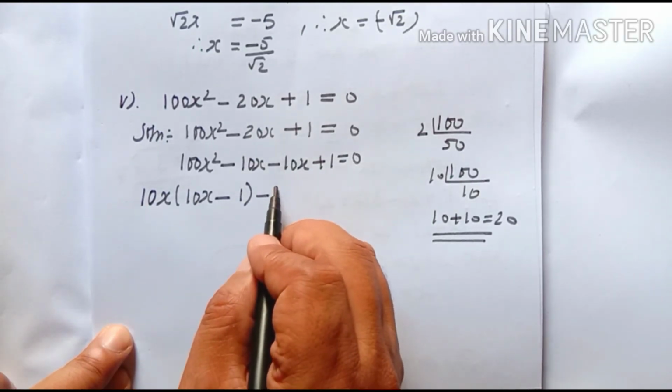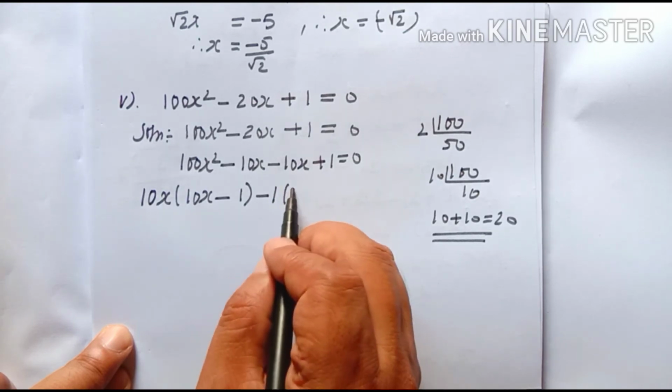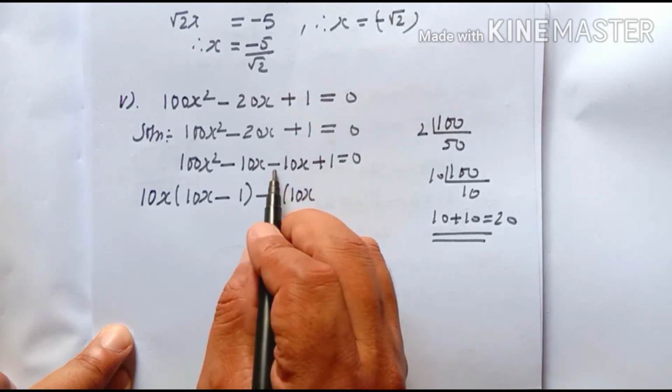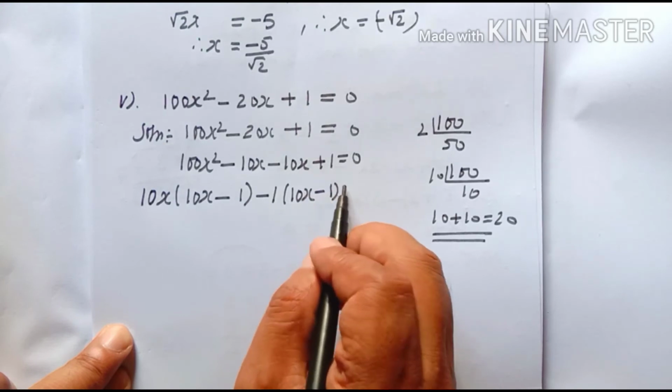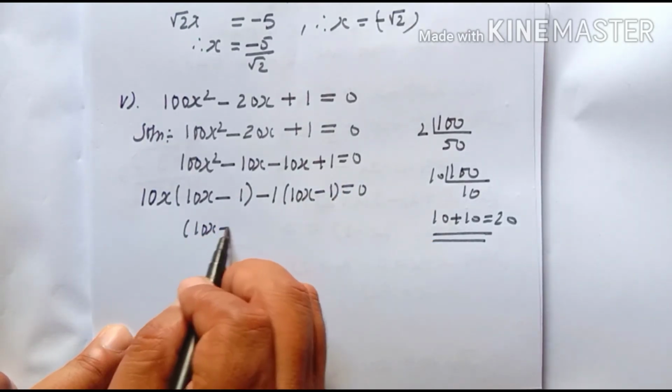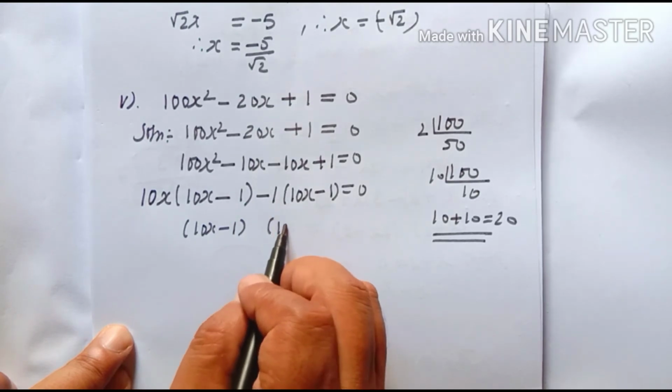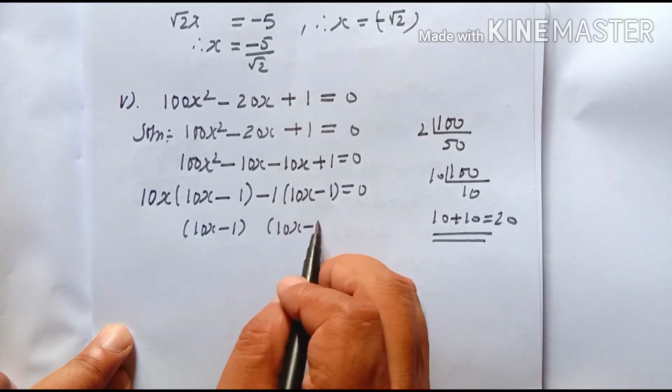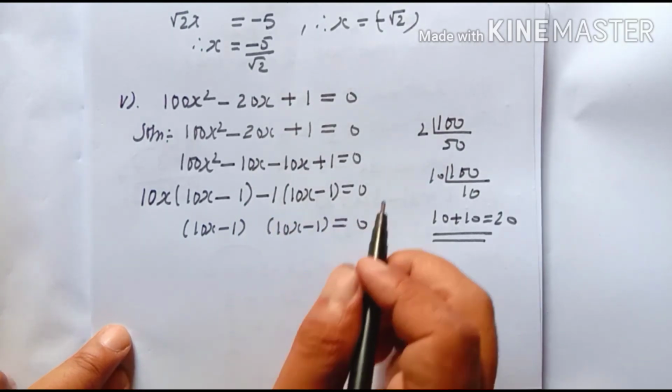The highest common factor is 1. After taking 1, then 10x minus 1 equals 0. The factors are 10x minus 1 and the other factor 10x minus 1 equals 0.